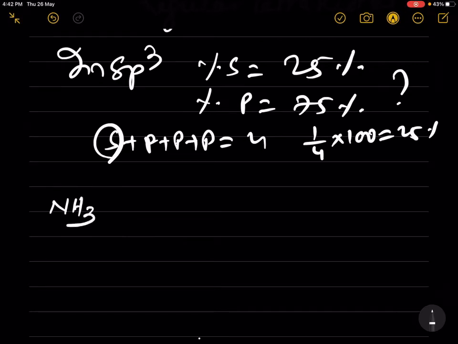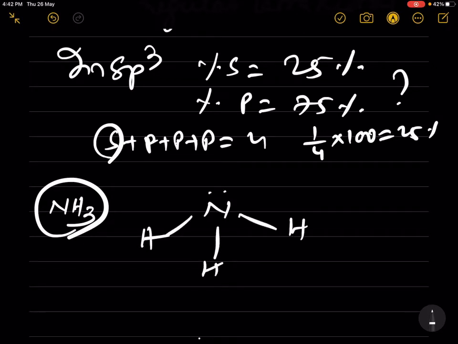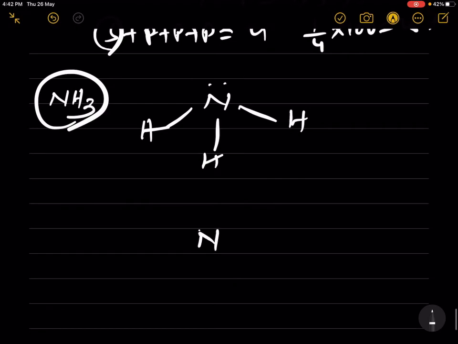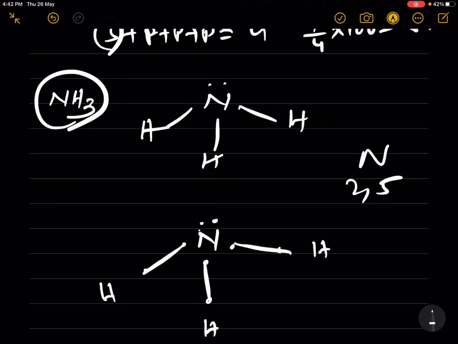Ammonia. In case of ammonia, nitrogen is bonded to 3 hydrogen atoms and there is 1 lone pair. You see the dot structure. Nitrogen has 5 electrons in its valence shell, 2, 5. 3 hydrogen atoms will form 3 bonds and 1 lone pair is there.